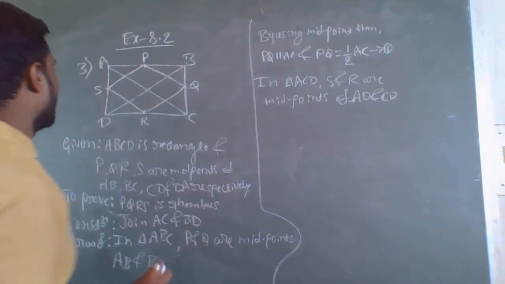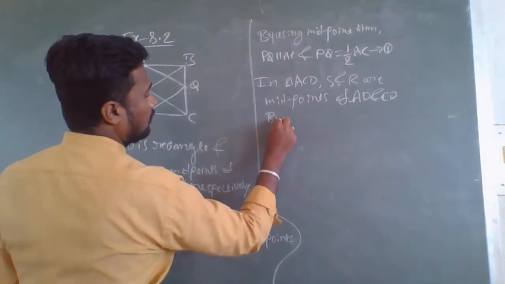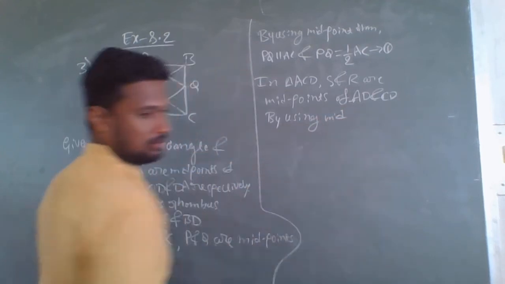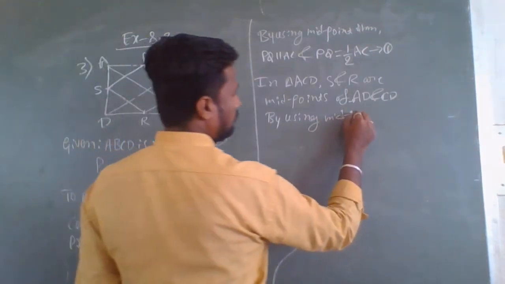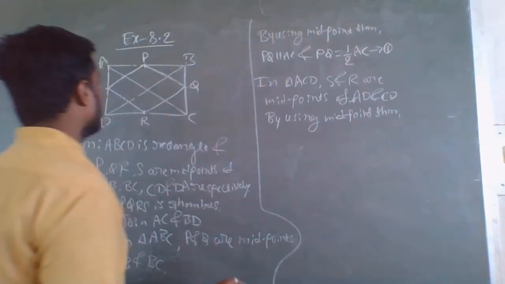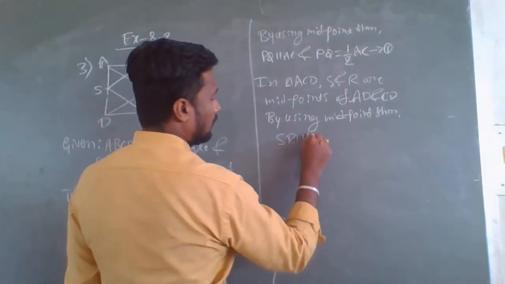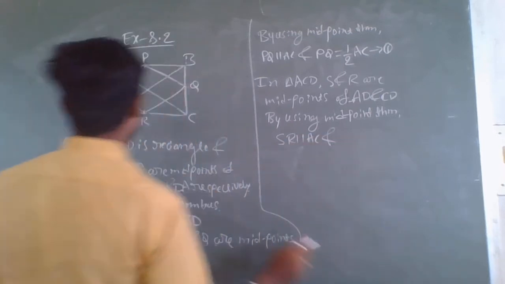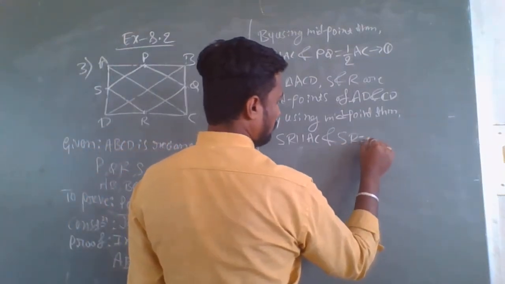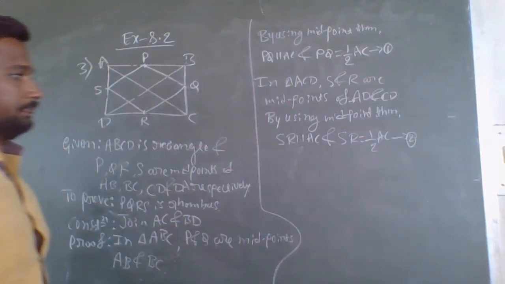So by using the midpoint theorem, what can you write here? SR is parallel to AC, and SR is equal to half of AC. And this I will consider as 2.